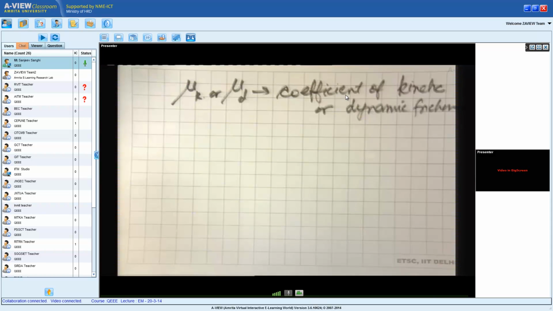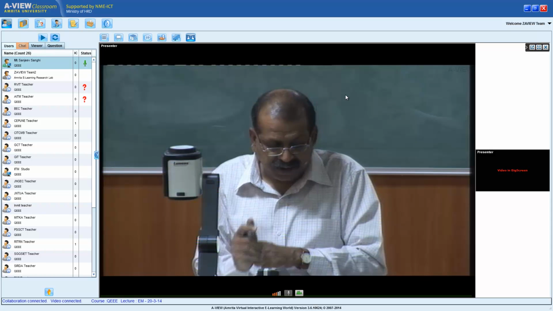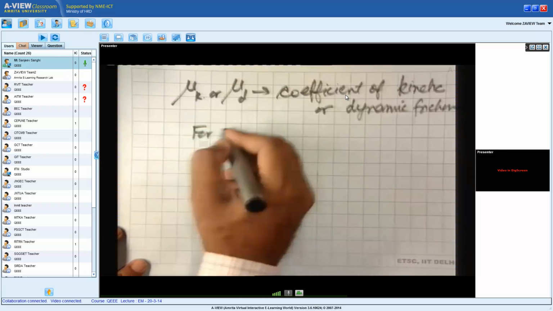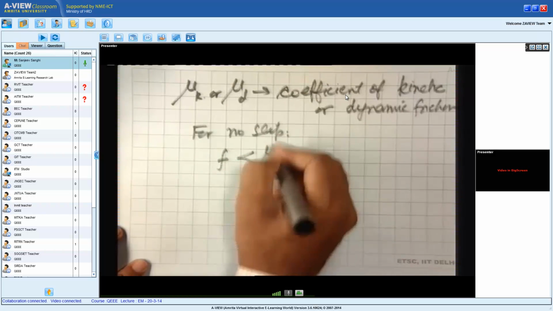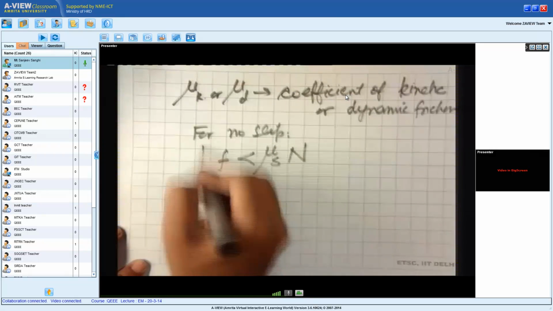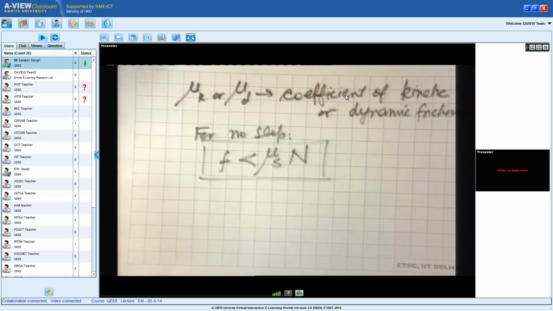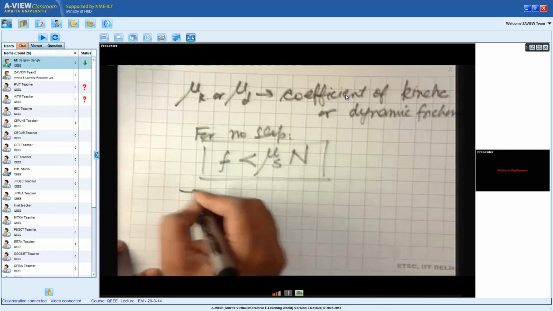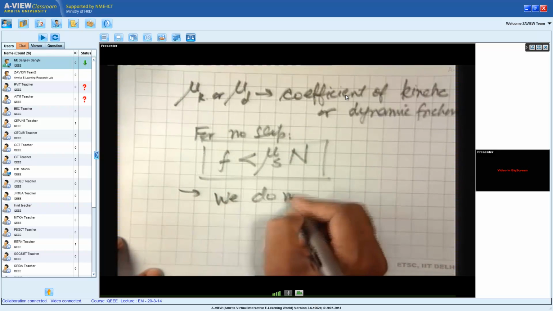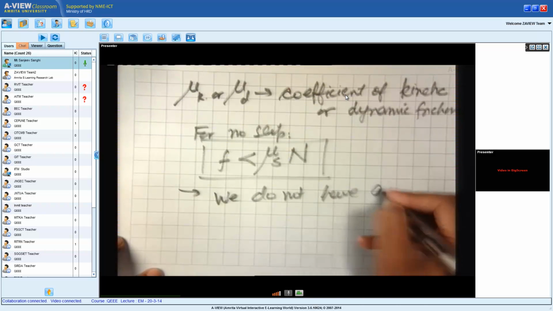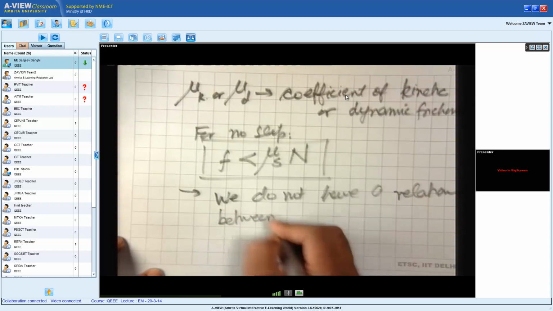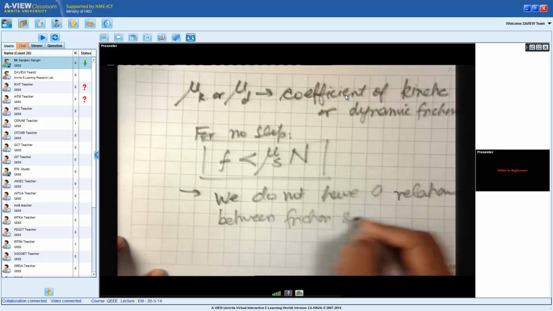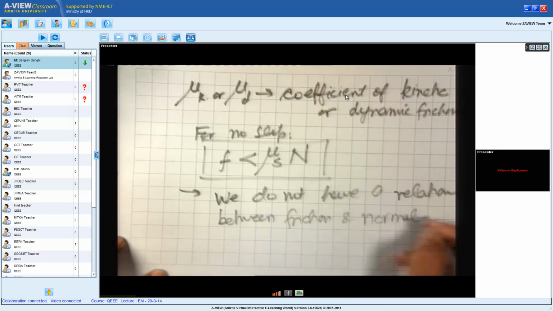The other half, which is where most mistakes are made: for no slip, friction is less than mu s N. That means for a case of no slip, we do not have a relation between friction and normal reaction.